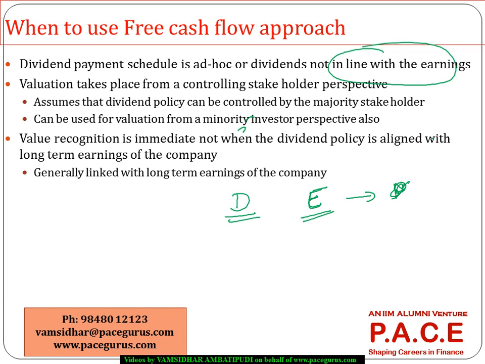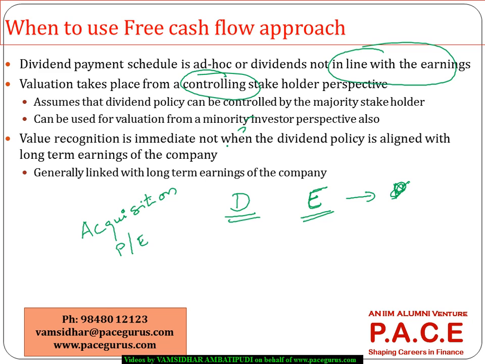The other dimension to look at is when I am trying to do the valuation of the firm from a controlling stakeholder's perspective, especially if the objective is acquisition or taking a private equity kind of stake in that particular firm.